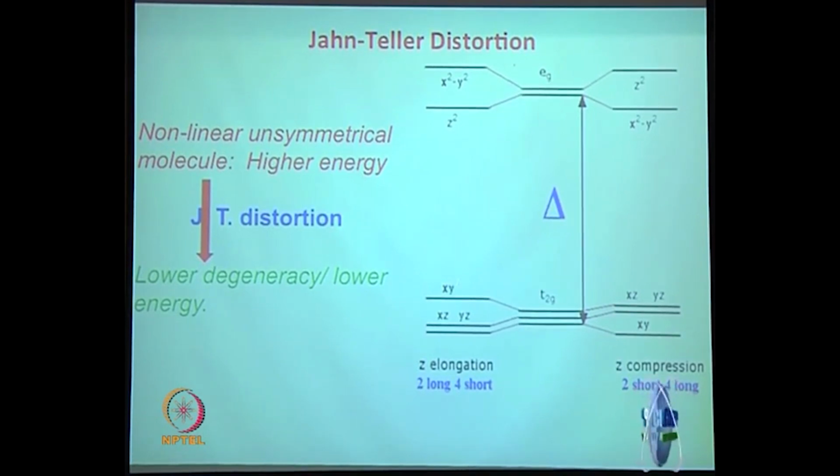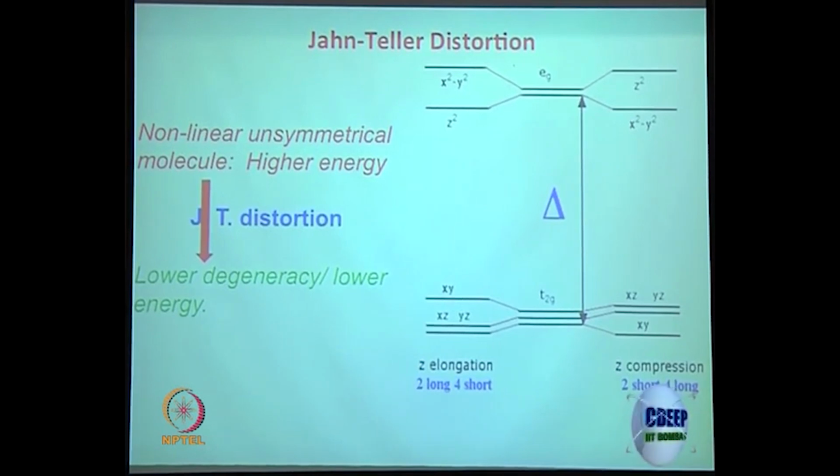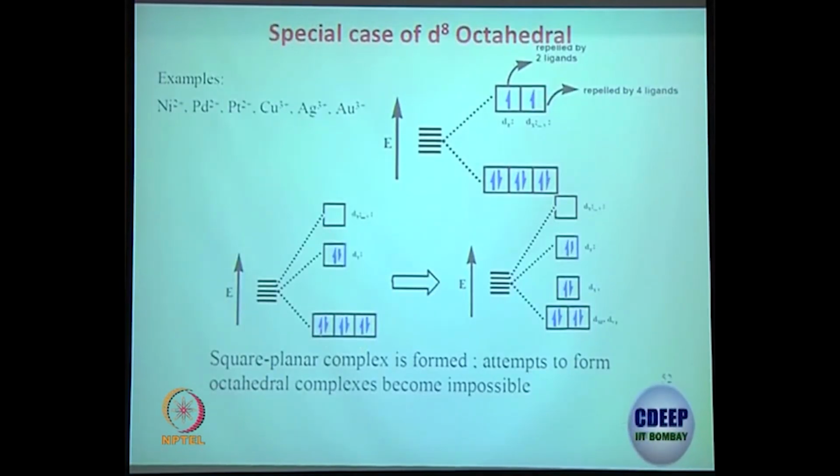See, the extent of splitting you can see is not the same here again. Of course, usually speaking, Eg are the ones which are going to face the ligand directly, and thereby splitting starts over there. And then of course sometimes T2G also gets affected. That's why initially we didn't split it.